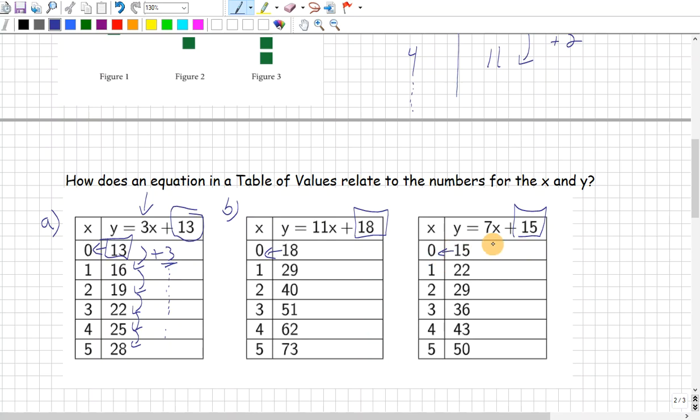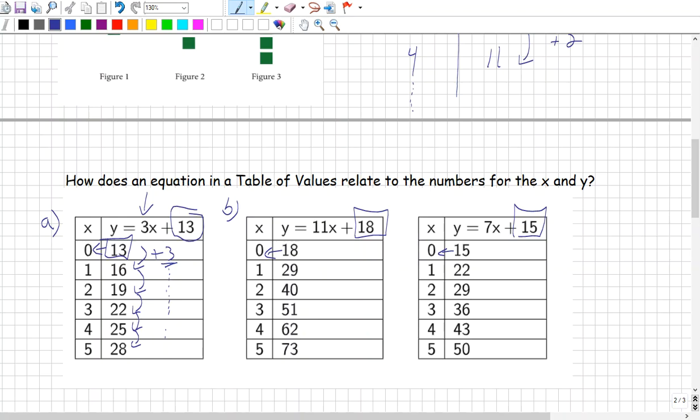And you can even test. When I plug a 0 into X for each one of these, 7 times 0 is 0, plus 15 is 15. Same thing over here, 11 times 0 is 0, plus 18 is 18. So those two values are directly connected. When X equals 0, you will have that constant number by itself in the equation.